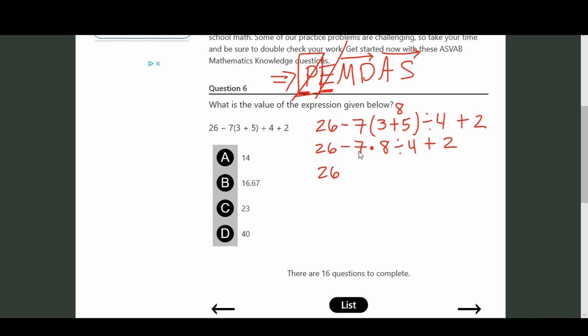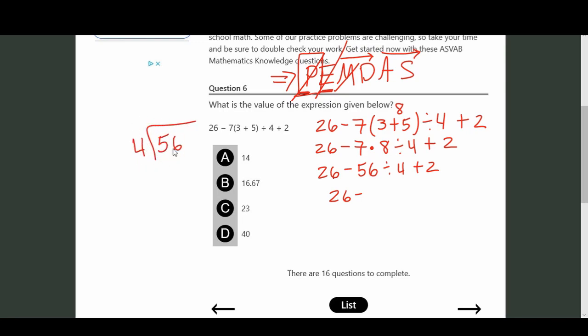7 times 8 is 56, so this is going to be 26 minus 56 divided by 4 plus 2. So I did multiplication. As we can see, we do have division left. So let's go ahead and work on that. Minus 56 divided by 4. Let's work that off to the side. 56 divided by 4.